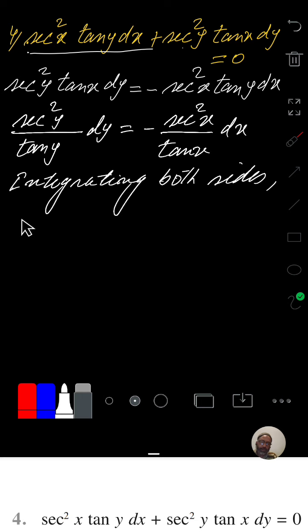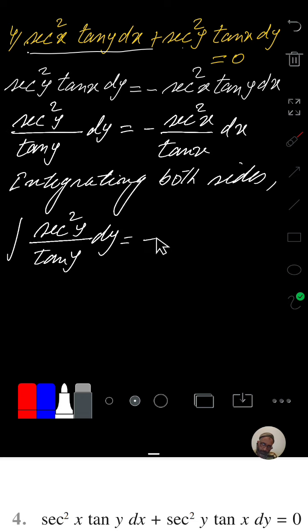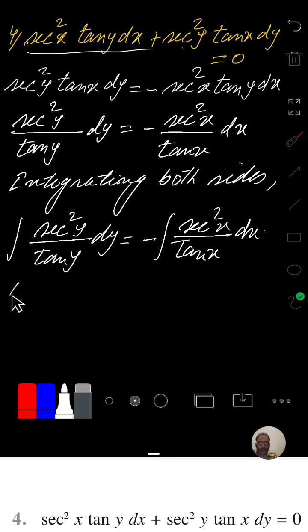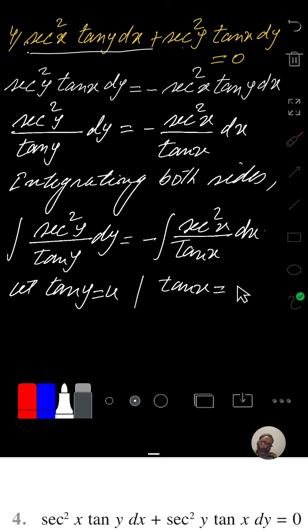We get integral sec square y upon tan y dy is equal to minus integral sec square x upon tan x dx. Obviously here we may assume tan y as u and tan x as v.